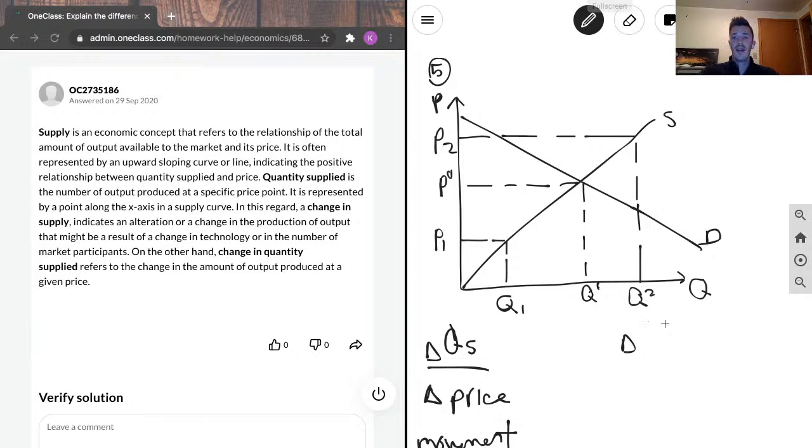Change in supply, on the other hand, can come from a whole number of factors. You can list 8 to 10, probably more.